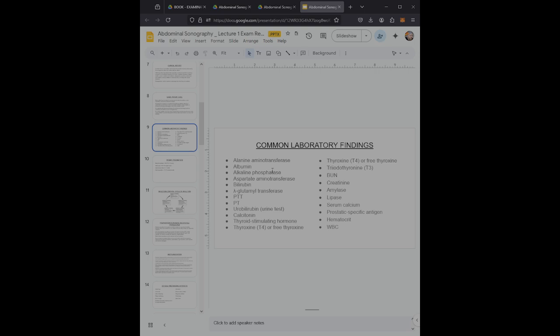If it is decreased, it indicates Wilson's disease. And ALP is newly synthesized as a response to biliary obstruction.